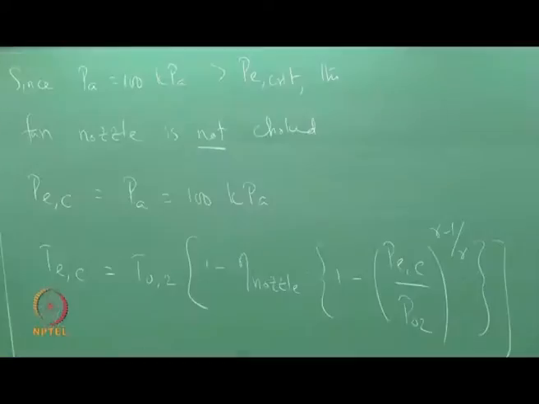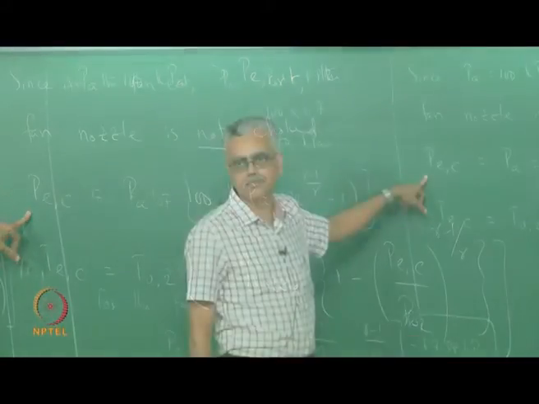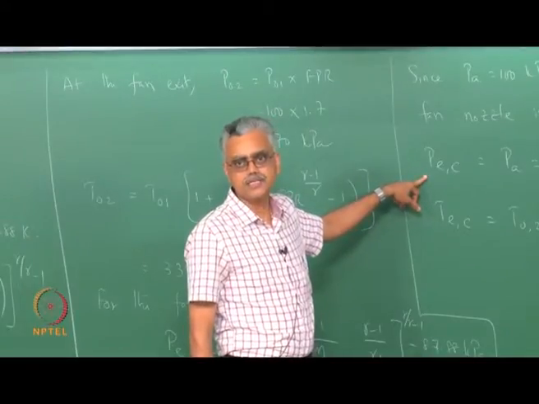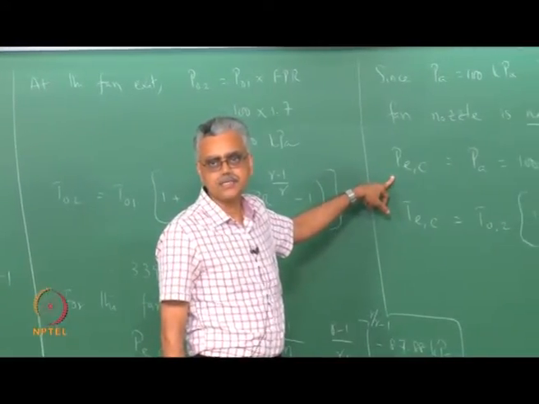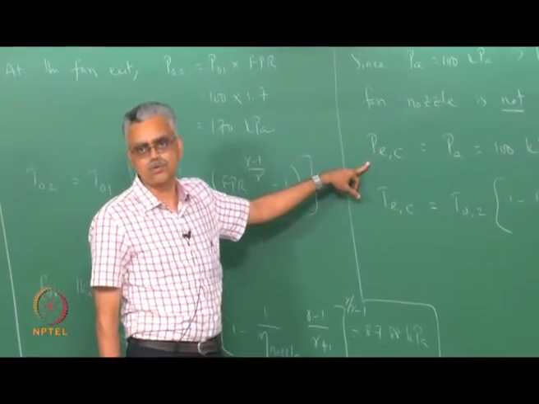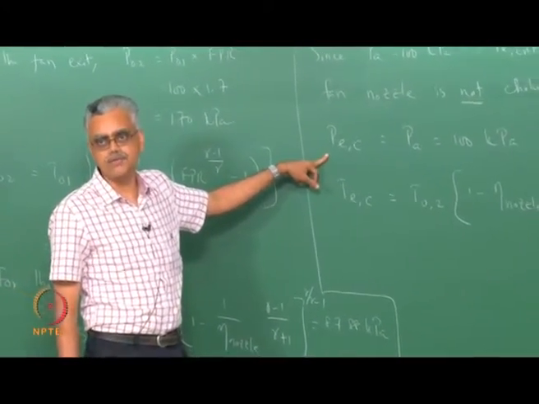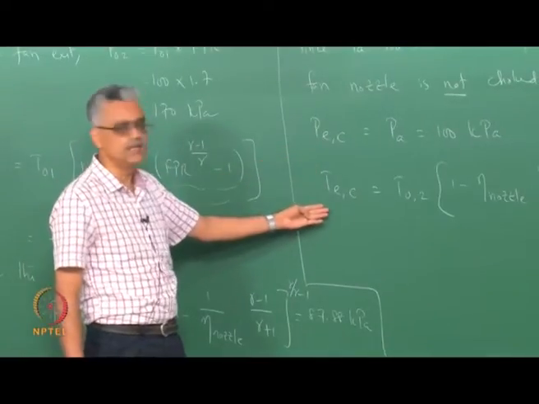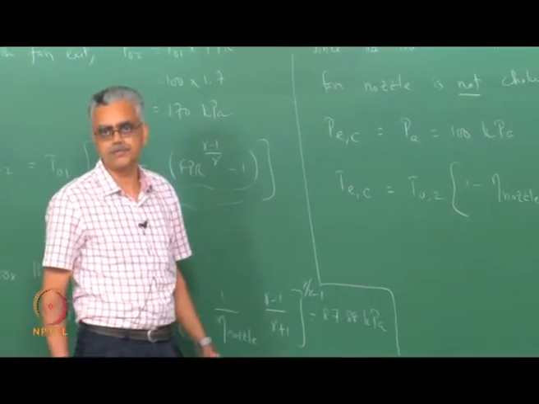That is what we have done here. So once I know the exit static pressure, we outlined the calculation procedure. Once I know the exit static pressure, I know PES, I can evaluate TES. Once I evaluate TES, I can evaluate VES square over 2 Cp, and then I can evaluate VES, or I can also evaluate the static temperature and then go from there.